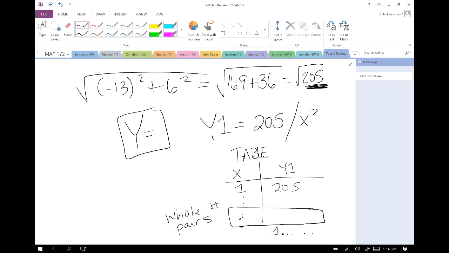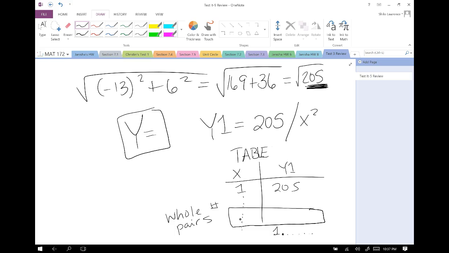So I'm going to check this one in my calculator. So 205 divided by x squared. And in my table, when I scroll down my list, don't worry about the negatives because we don't ever pull negatives out unless we're dealing with complex numbers.